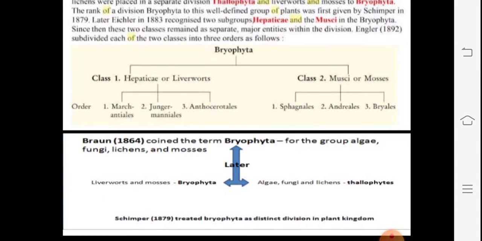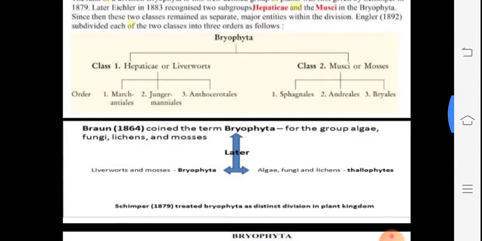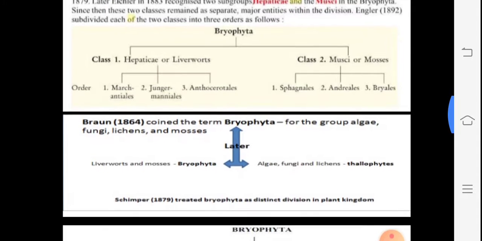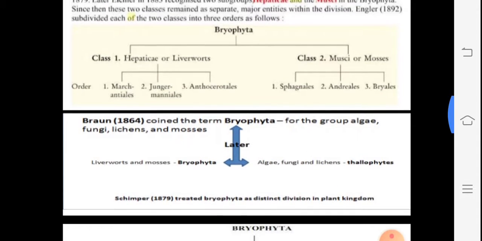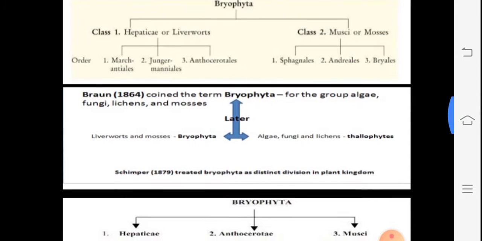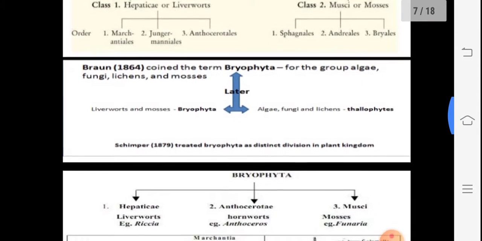So you have to think over the classification. It is divided into Hepaticae, then Anthocerotae and Musci. These are the primary classifications, and in Hepaticae, Marchantiales, then leafy Jungermanniales are there. Anthocerotae are separate. Musci mainly Sphagnales and Andreaeales, and the Bryales are there.